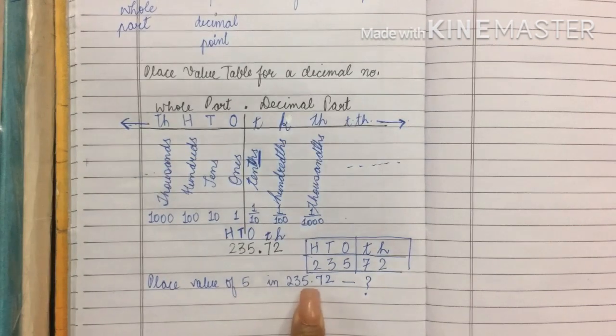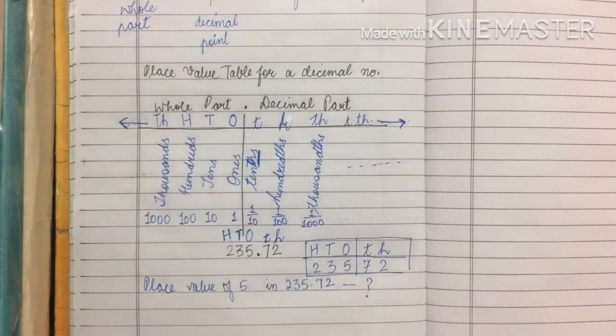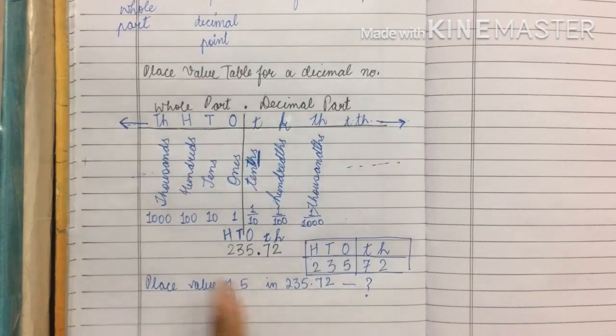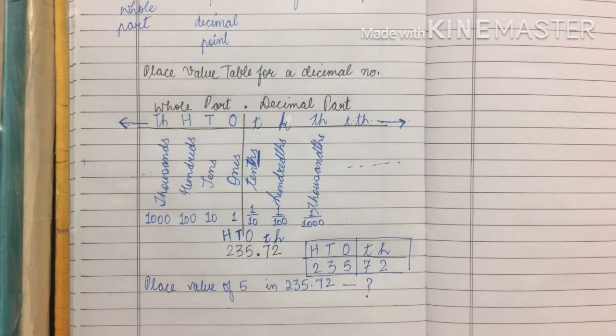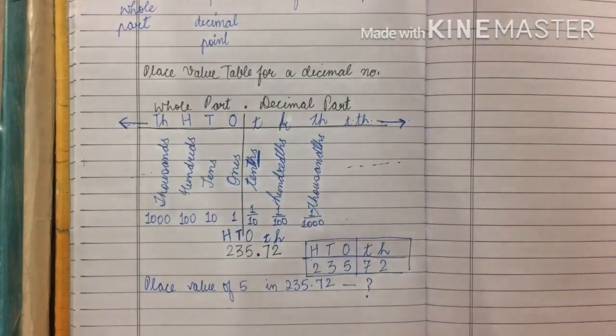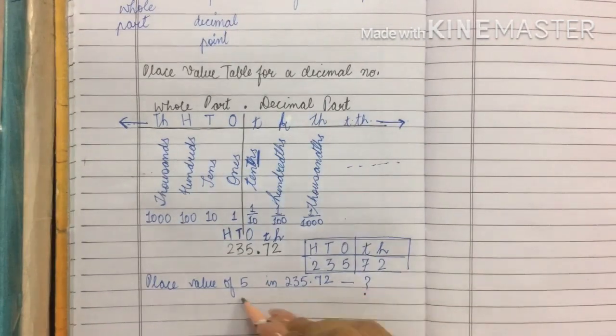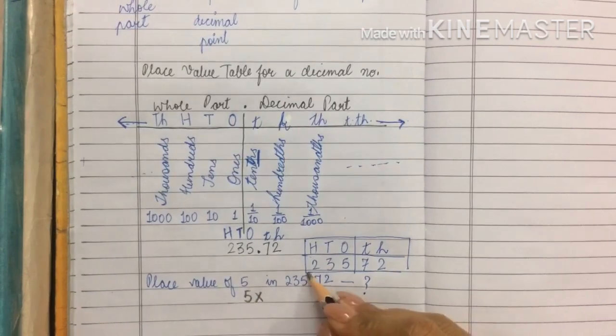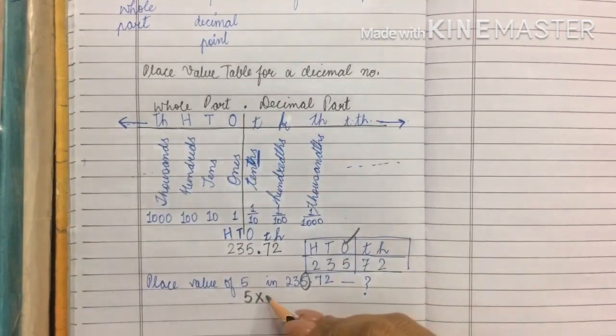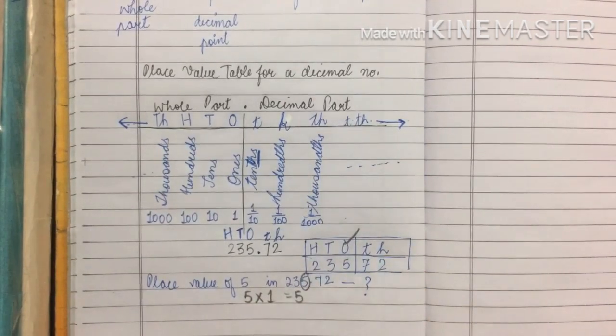So 5 is at the ones place. The digit multiplied by its place gives you the place value. So the answer will be 5 multiplied by the place at which it is, so this will be 5.